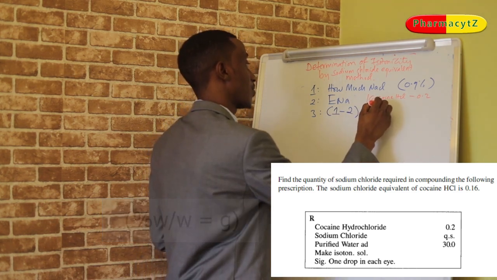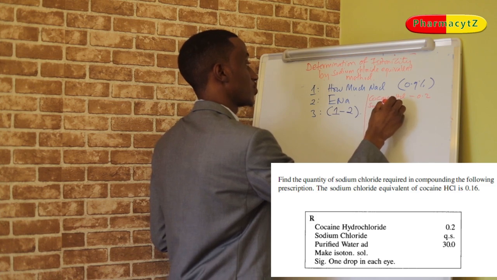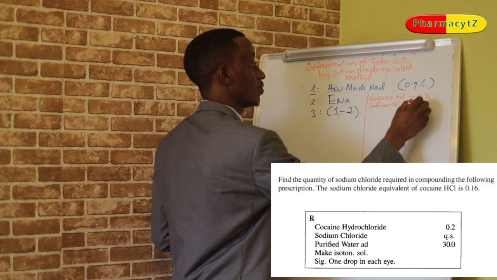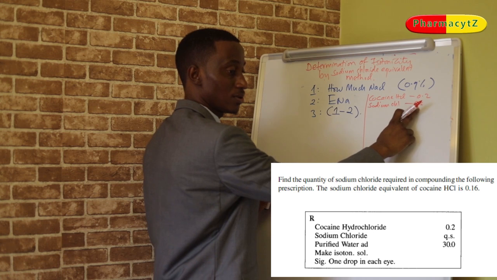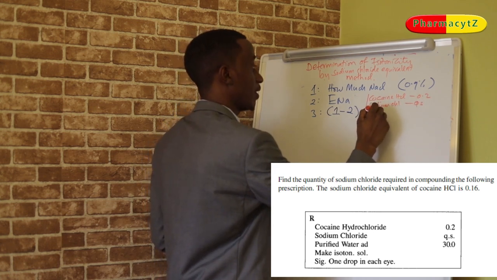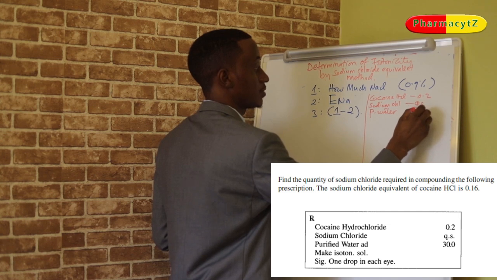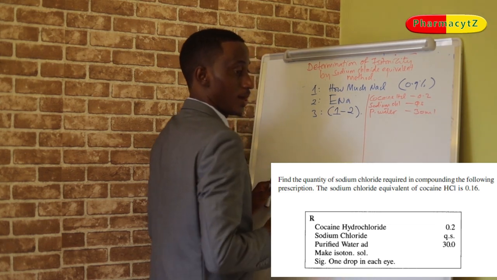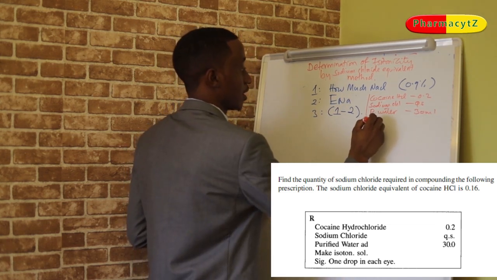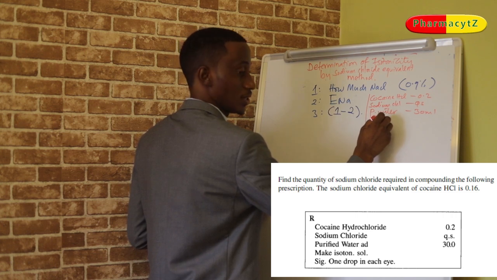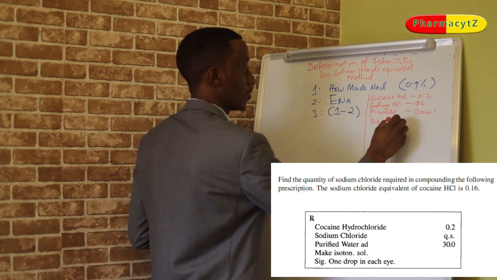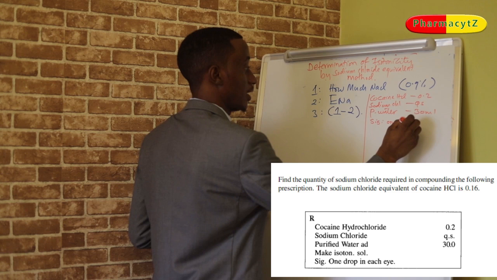Then we have sodium chloride, a sufficient quantity. We are going to calculate this; we don't know it. Purified water, we need to add water up to 30 mL. And according to the instruction, you need to instill one drop in each eye.